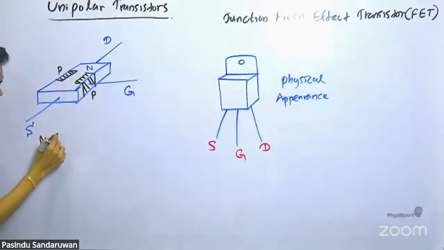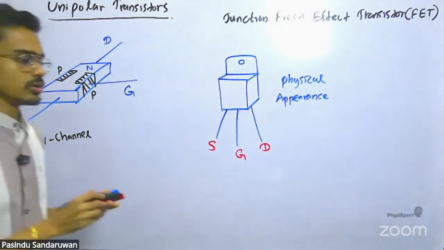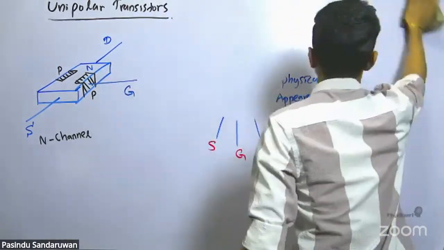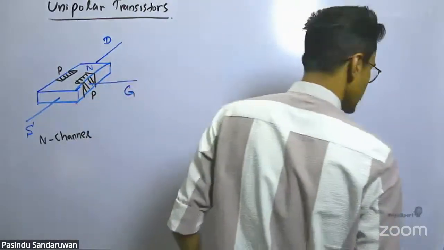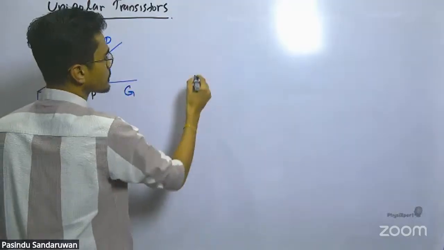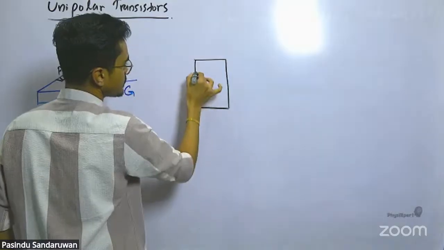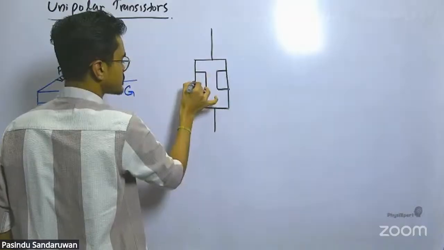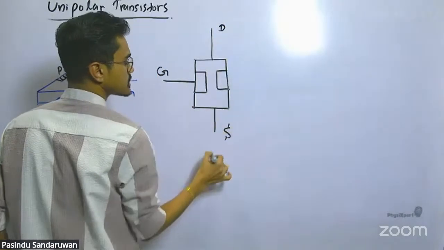This is N channel, you can take down now. Now, if I draw P channel, it is like this. For P channel, let me draw the front elevation: gate, drain, source.